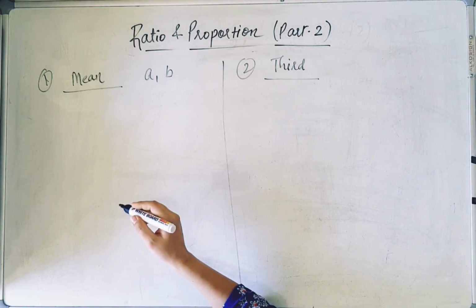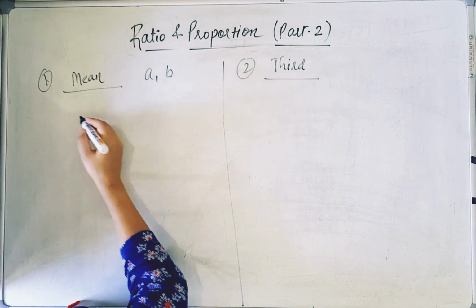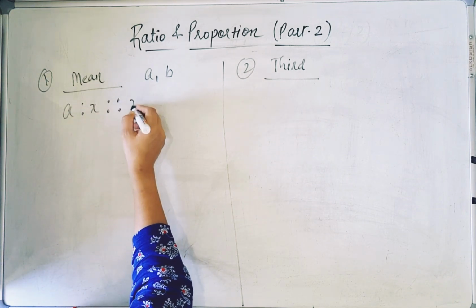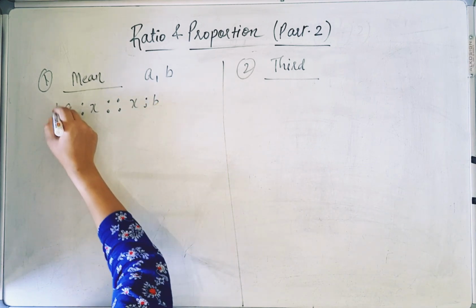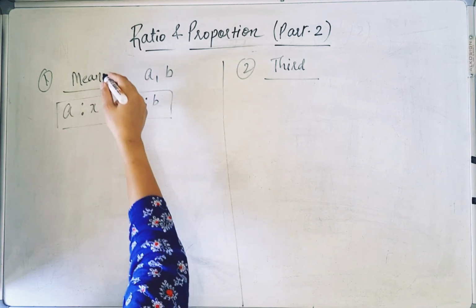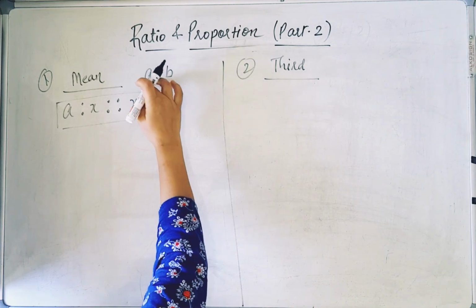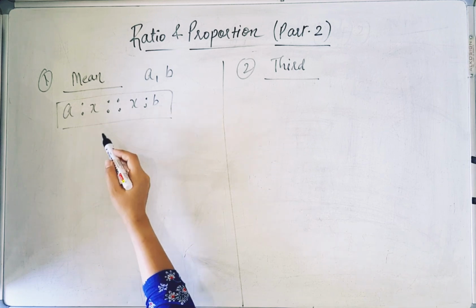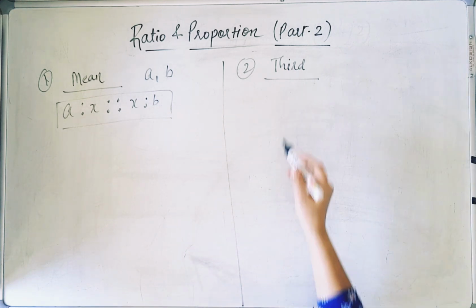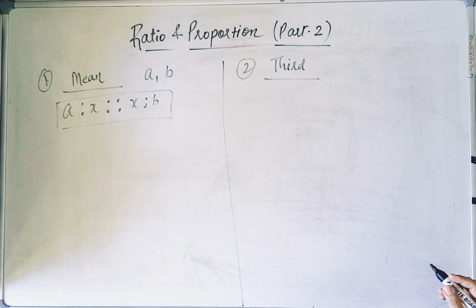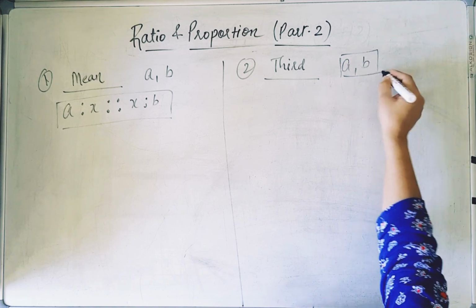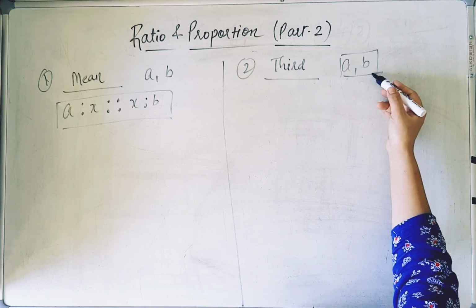I'll suppose the mean proportion to be x and write it like this: A is to x proportion x is to B. That means the first and the third quantities are given, so the mean proportion repeats twice. Now, as in this question, if they ask you to find the third proportion, suppose I am provided with A and B, that means this is first and this is second.